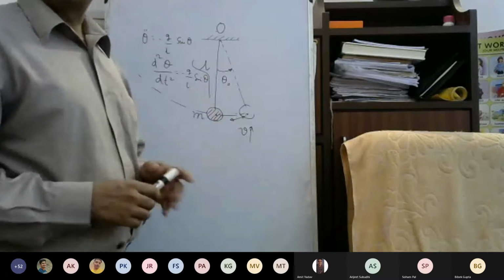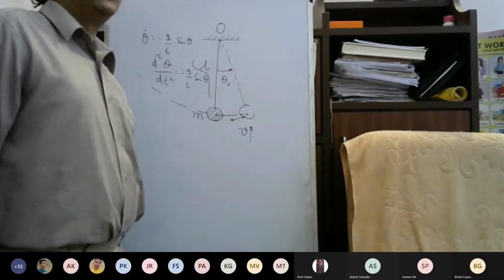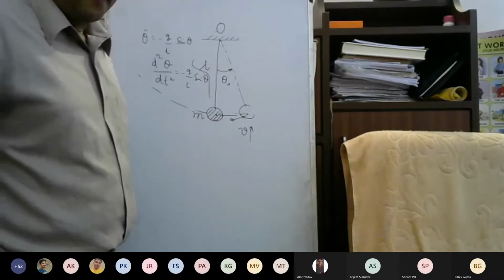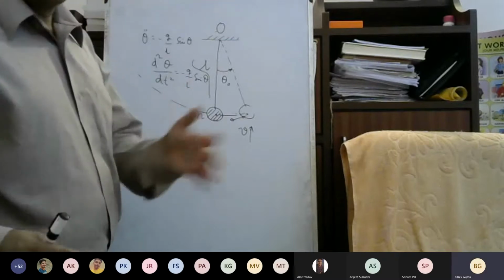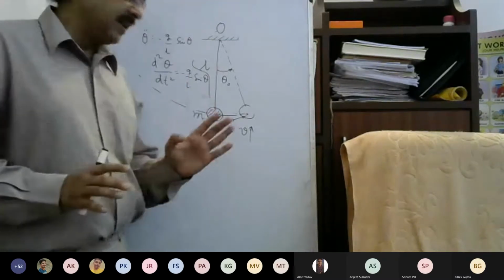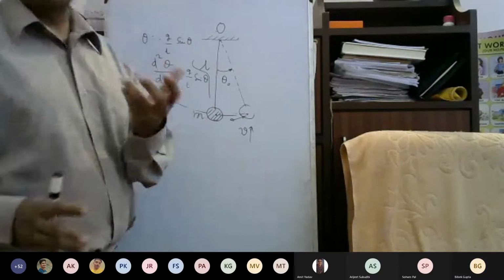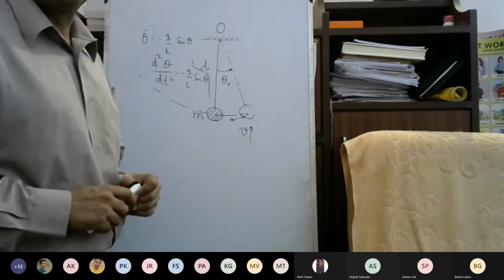But most vibratory systems, nonlinear vibration is actually more common than the linear vibratory system. Linear vibration is a small domain of the total vibratory systems.